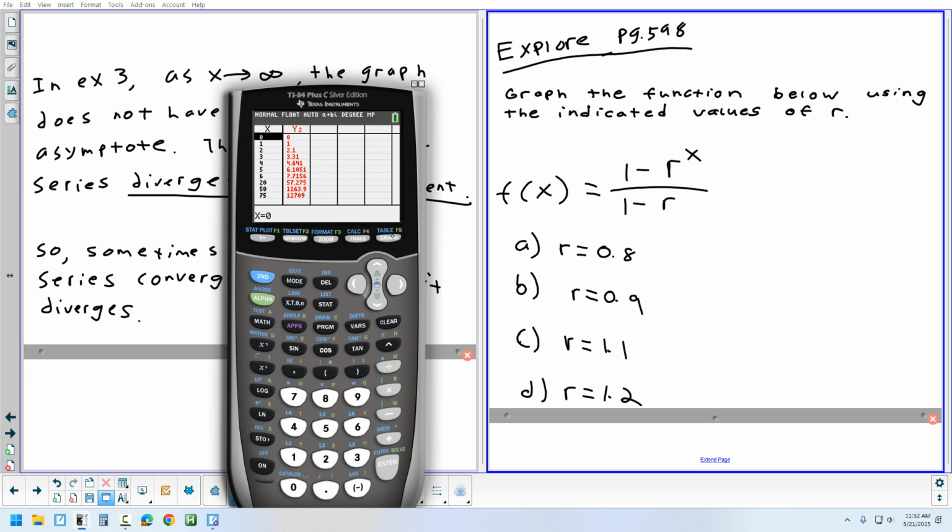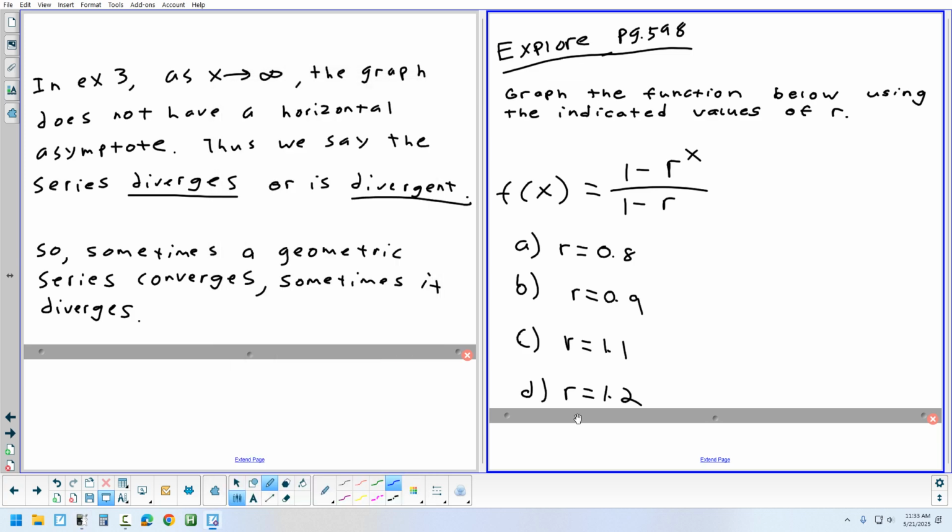When you add up the first 50, it adds up to 1,163. And then the first 75 terms, it adds up to over 12,000. So the sum is continuing to grow without a limit. So this is divergent. And 1.2 is also divergent.